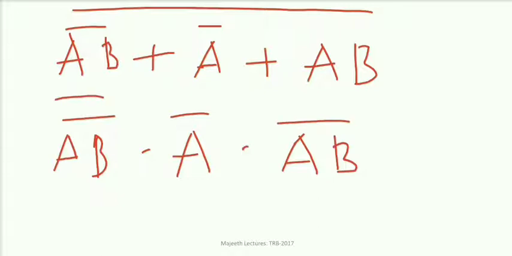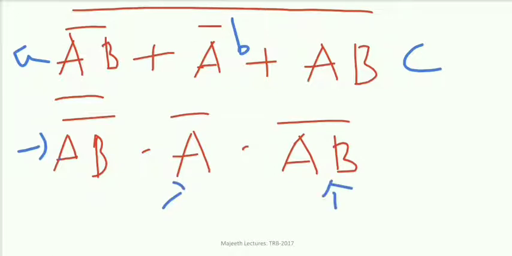So consider this as your A, this as your B, this as your C. So A plus B plus C whole bar is equal to A bar, this one is A bar, this one is B bar, and this one is C bar.